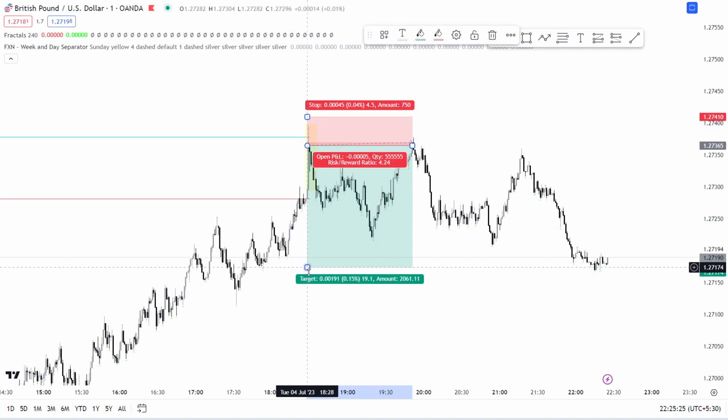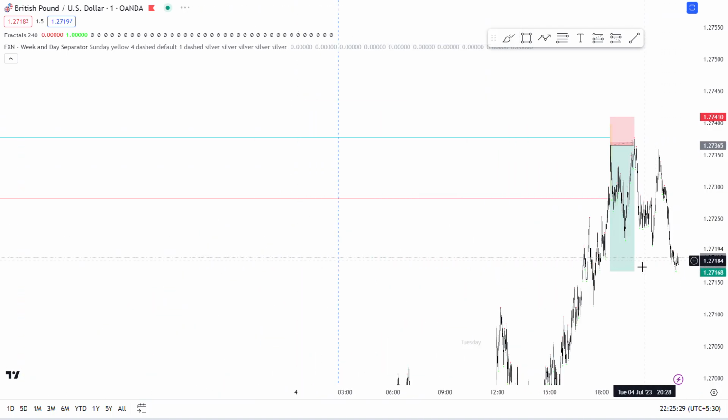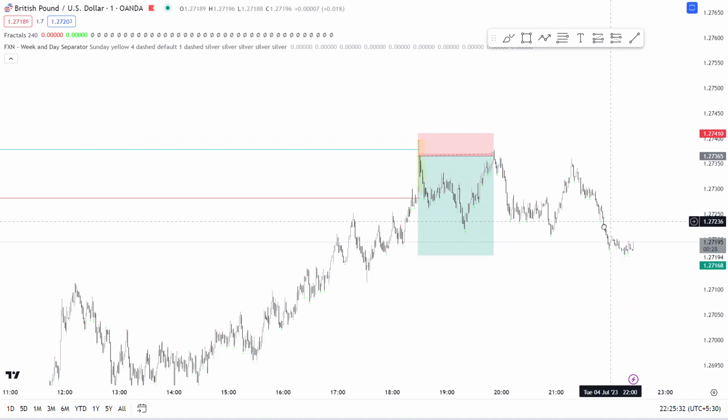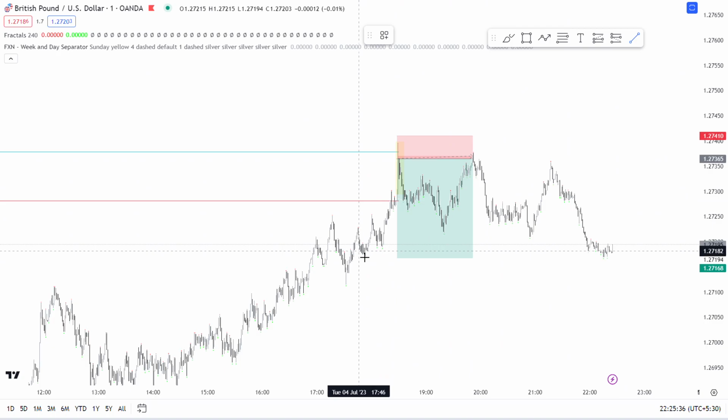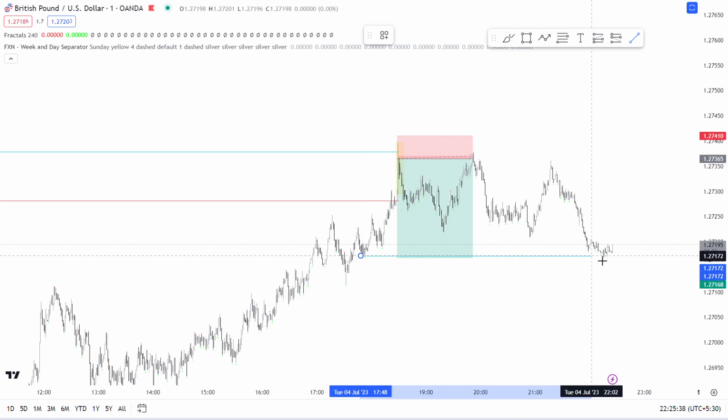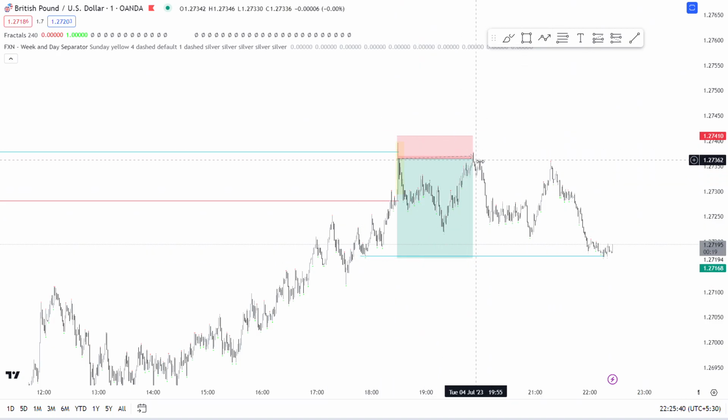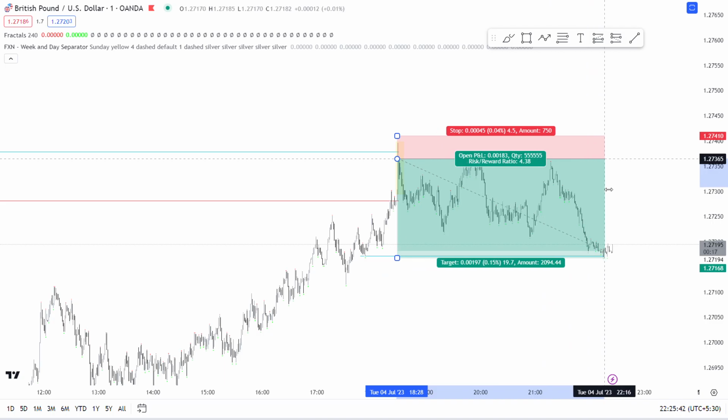You can trade, 4.3 is not a bad deal. This is how we trade the markets from one liquidity point to another liquidity point.